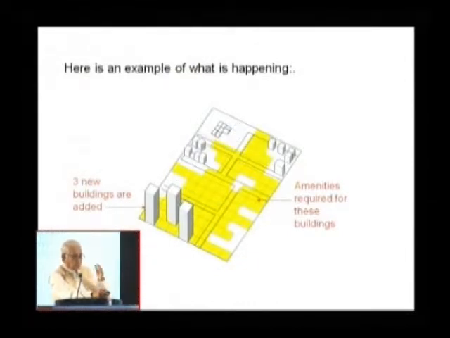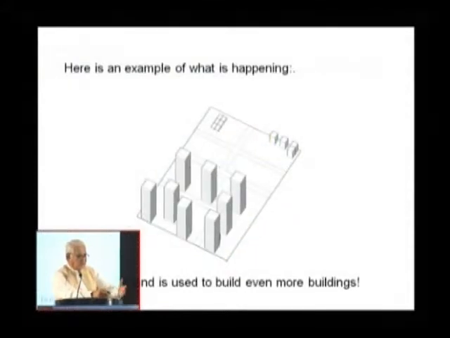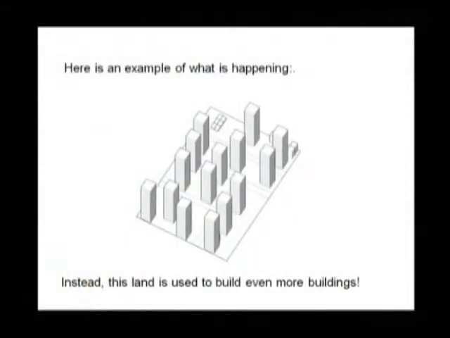And that isn't the responsibility of the developers. That is the responsibility of the authorities. They should not give permission unless they know that space has been guaranteed. But instead, after the buildings are built, the rest of the space is then filled up with more buildings. That's the way Bombay is developing.